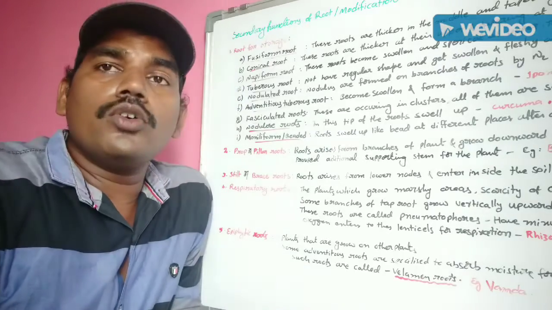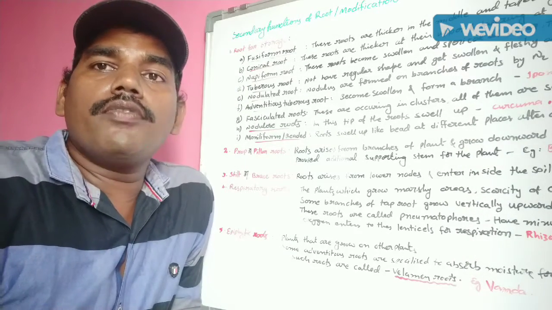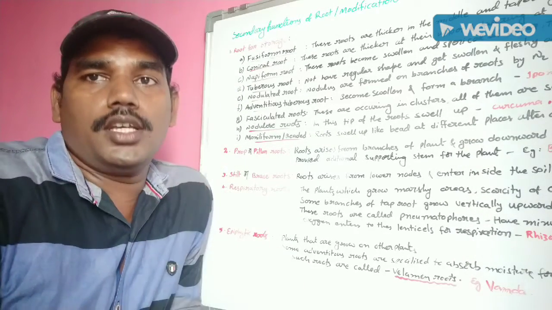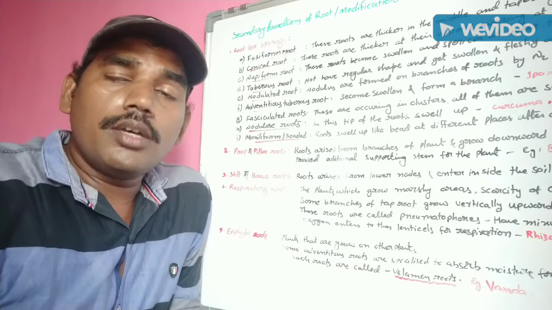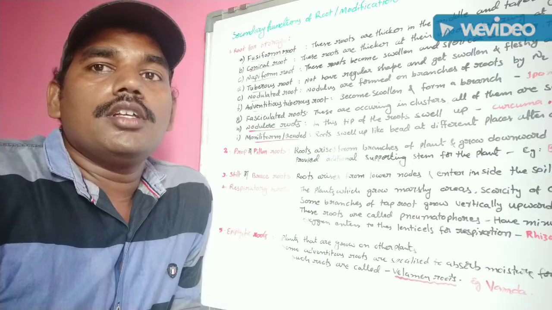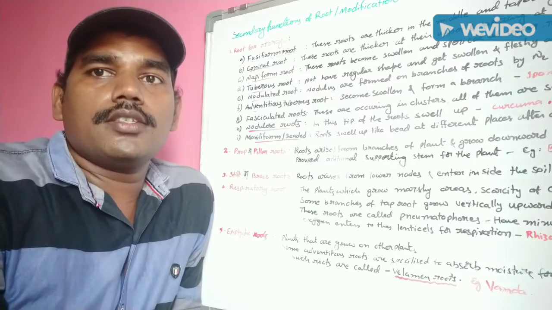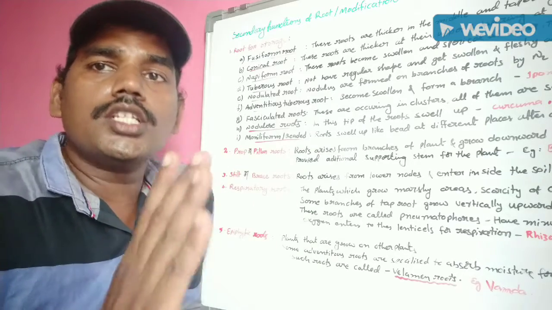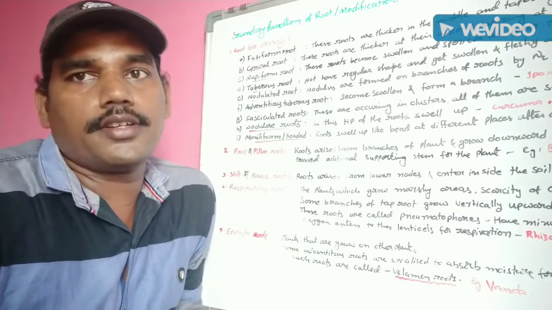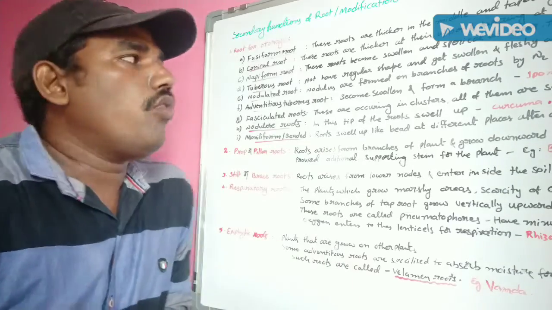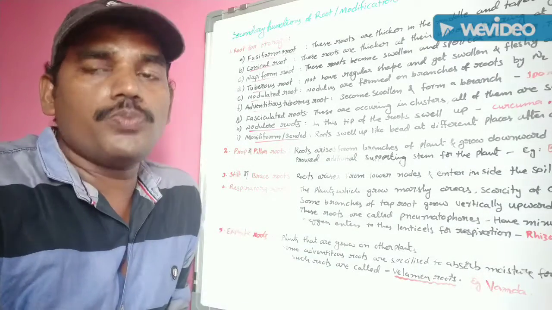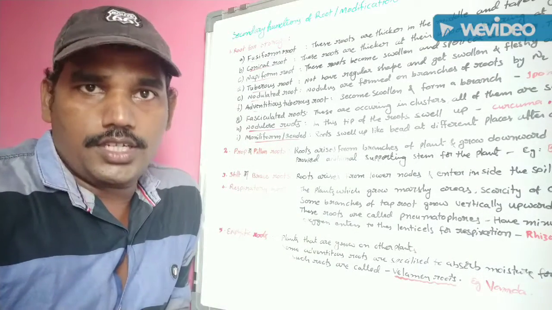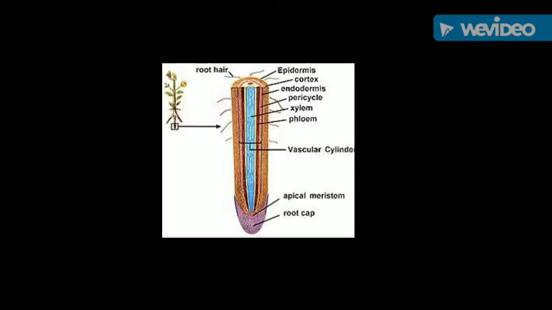Some roots also perform additional functions like pathogenic and parasitism, and some roots provide anchorage or additional support to the plant, etc. So one by one, we will discuss the secondary functions of root. This means root modification. Understand?